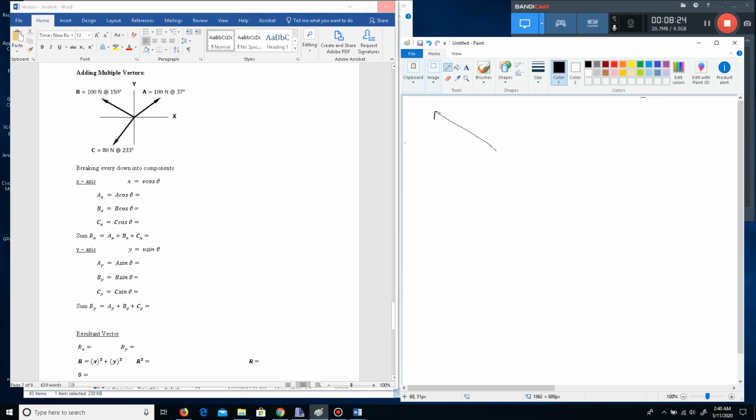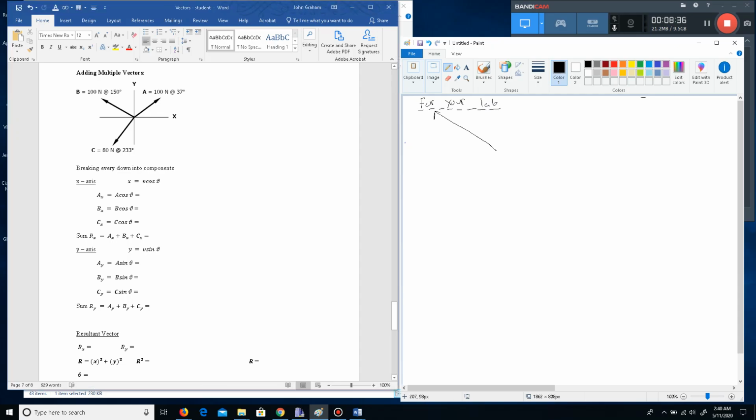Also, I'm not going to do an additional problem. Think about this as also for your lab. This is going to be the part you do when you're doing the vectors by components. So, why am I drawing this?